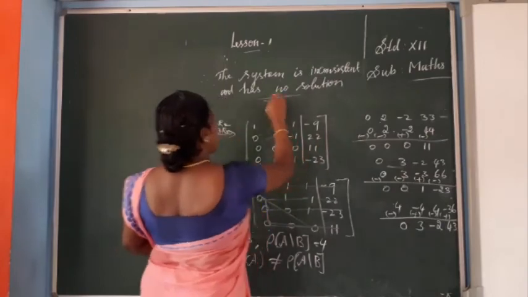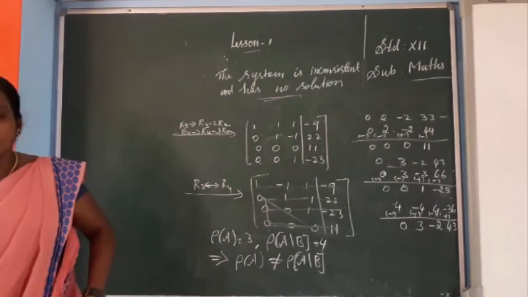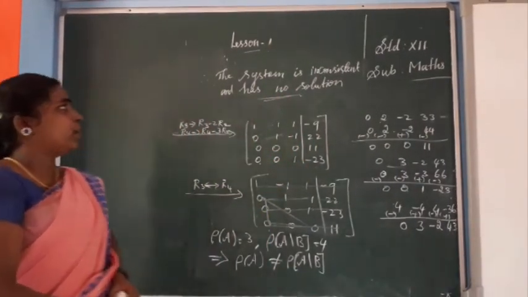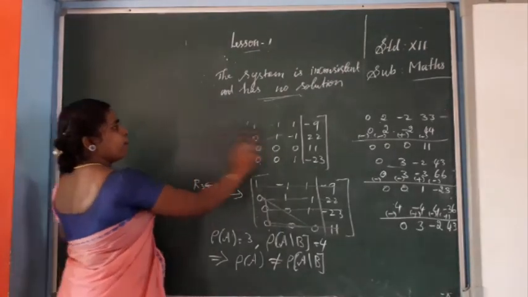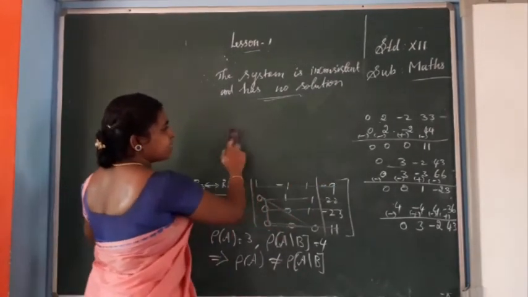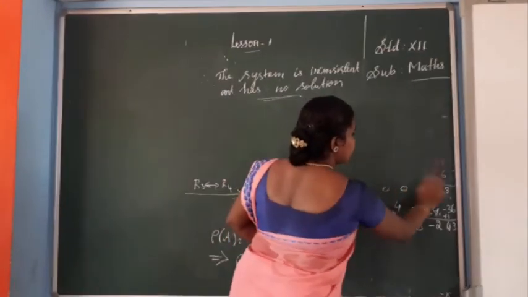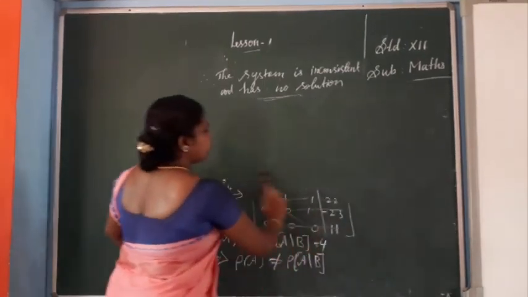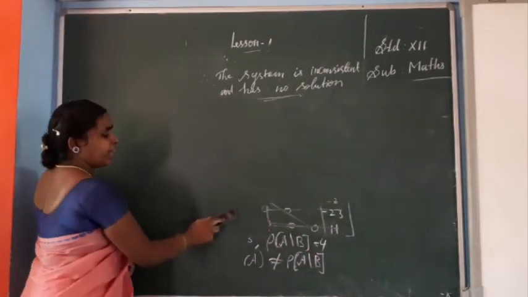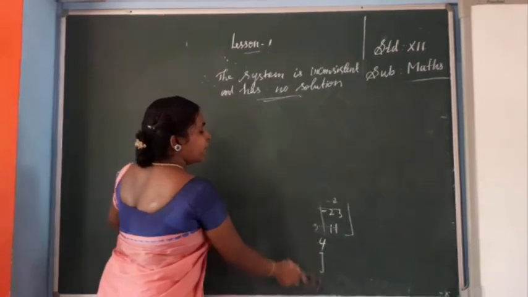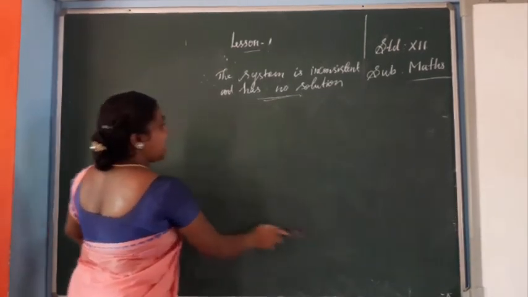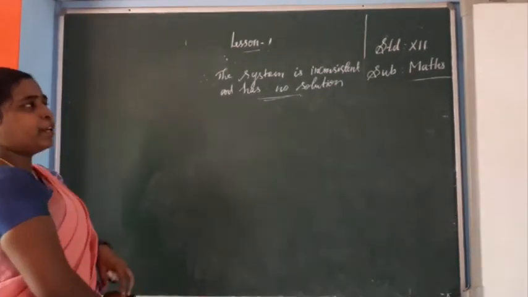We have seen 4 types. First type, rank of A equal to rank of AB equal to 3 equal to number of unknowns. Therefore, the system is consistent and has a unique solution. In the second type, we have seen rank of A, rank of AB equal but less than the number of unknowns. That means rank of A equal to rank of AB equal to 2.